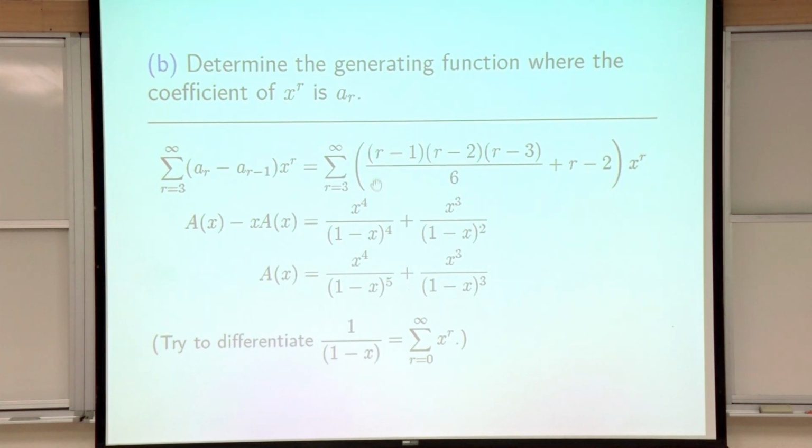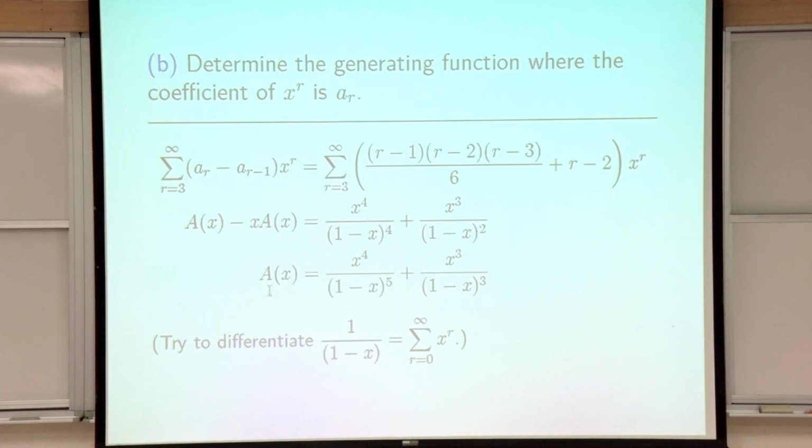And to get the generating function form of this part, we can try to differentiate 1 over 1 minus x, which is equal to 1 plus x plus x squared all the way up. And we get x to the power 4 divided by (1 minus x) to the power 4, plus x to the power 3 divided by (1 minus x) to the power 2.